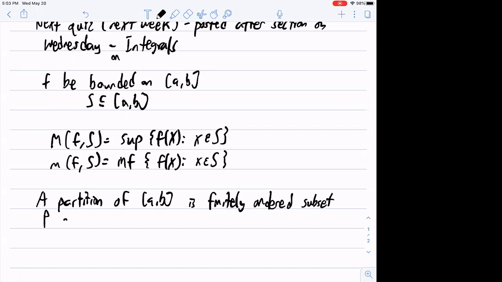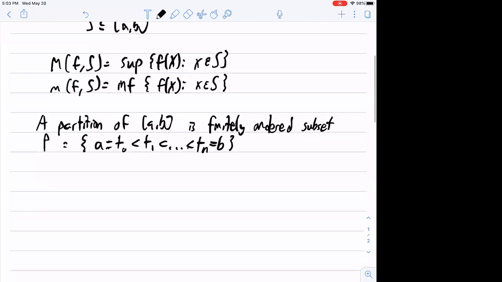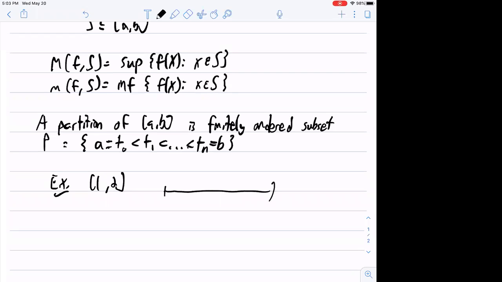We normally write the first point as a = t0 < t1 < ... < tn = b. For example, on [1,2], I can partition it into 1, 1.1, 1.5, 1.7, and 2. So that's a partition: t0 is 1, t1 is 1.1, t2 is 1.5, and t4 is 2.